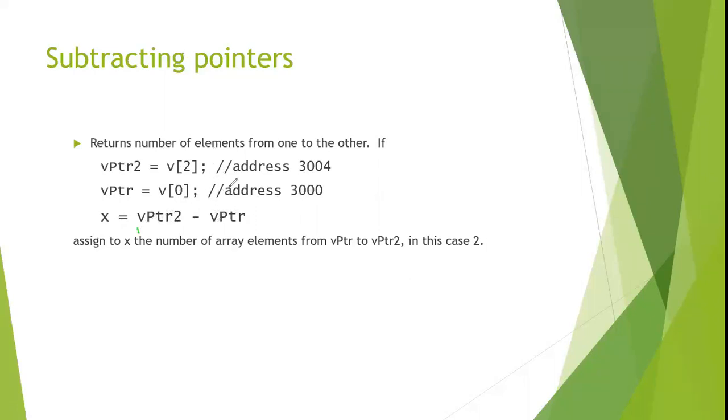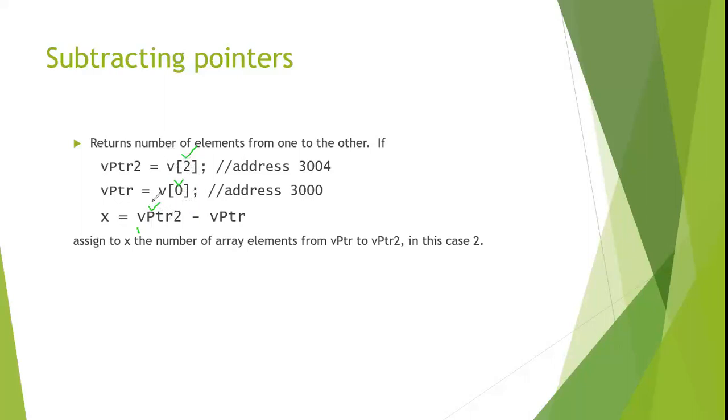In this case, what do you think will be the output? See, in this case, we are not subtracting the addresses. We are not subtracting the values stored at index 2 and 0. But what we are doing is subtracting the number of elements from the first array position to the second.